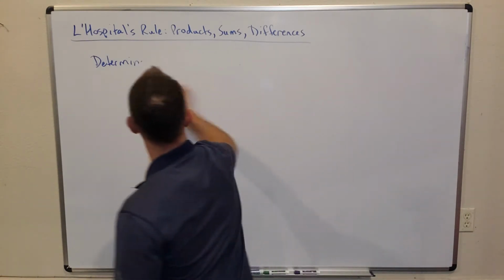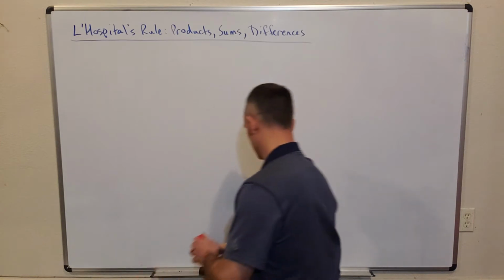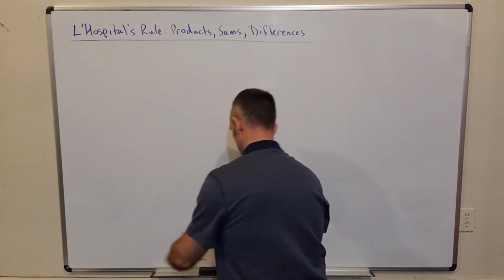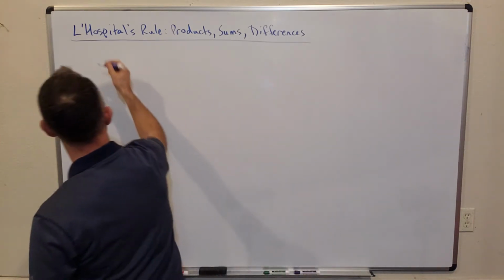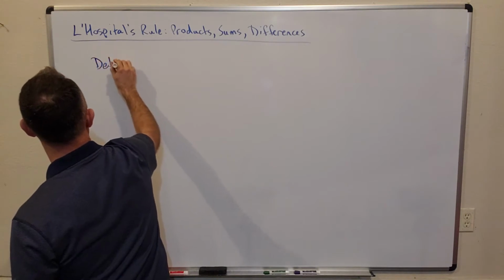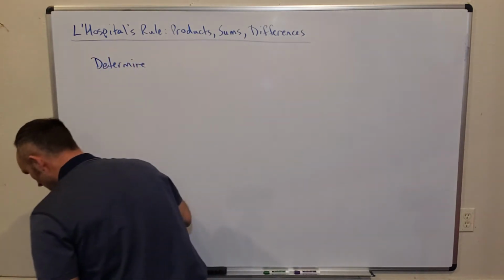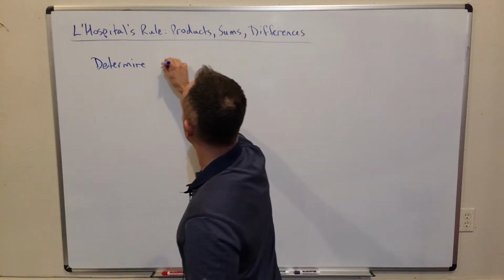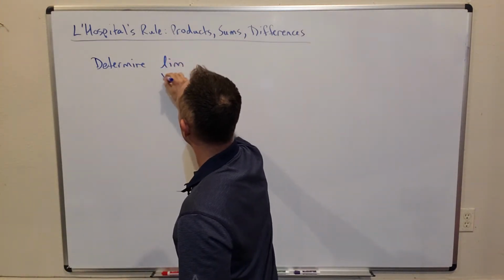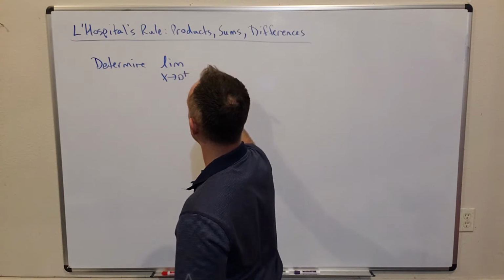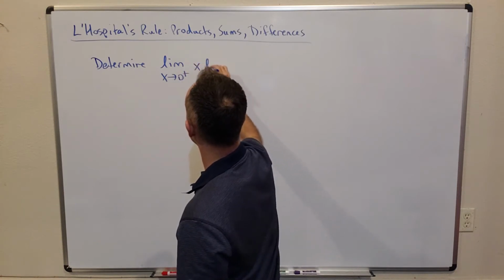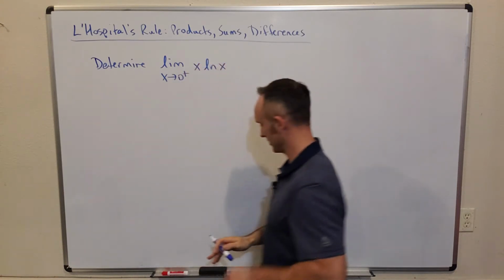Let's see another one. Let's determine the limit as x goes to 0 from the right of x times the natural log of x.